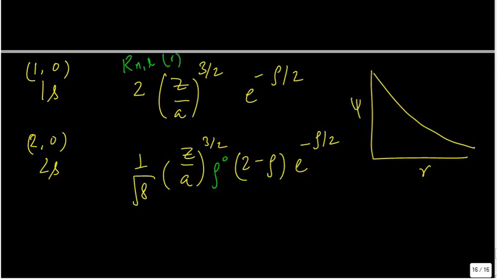Now, what I have something extra over here is this, 2 minus rho. 2 minus rho is a polynomial. The negative rho is going to take the wave function down, and e to the power minus rho is then going to bring it back again.